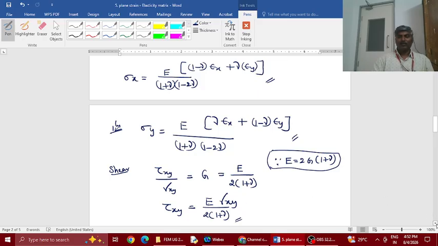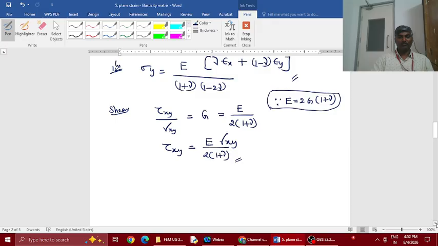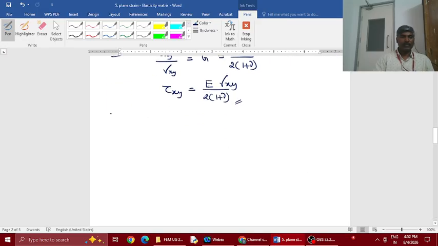Okay. Now let us write them in matrix form so that we get a D matrix. So for D matrix, okay, you need to write them in matrix form. So left hand side I have sigma x, sigma y, tau xy, because we are trying to go with the xy plane.